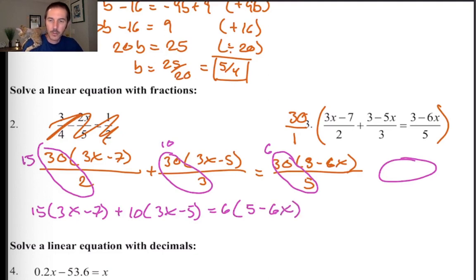From here, you can distribute, combine like terms, isolate your variable, isolate the constant values, and divide by whatever's necessary, just like we did up here. We divided both sides by 20 in order to get the variable totally isolated. Our final answer on the previous problem said 1b equals something, not 20b equals something.